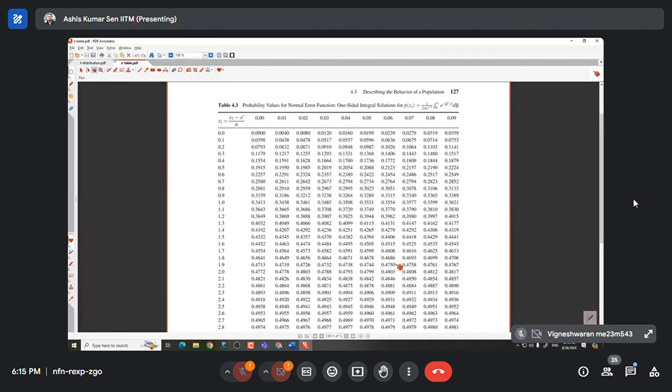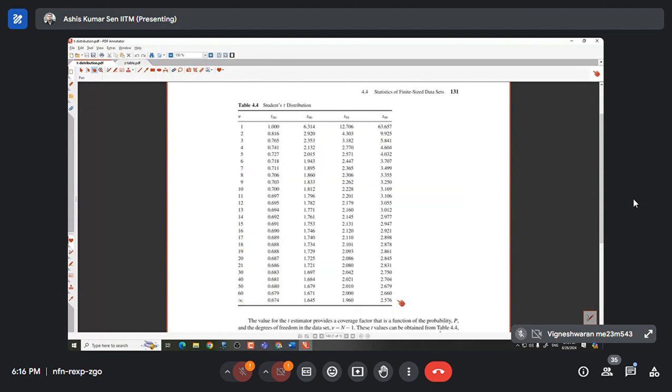It is 0.475, but it is one-sided. So you have to multiply by 2, so that becomes 95%. So essentially corresponding to this probability, the value of Z is 1.96, which you see in the T distribution table. So essentially, the point that we are trying to make is that when the number of data points becomes very large, the T distribution becomes the Z distribution. For example, you say 90% probability, you see 1.645.